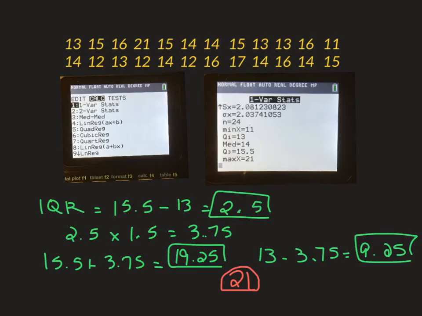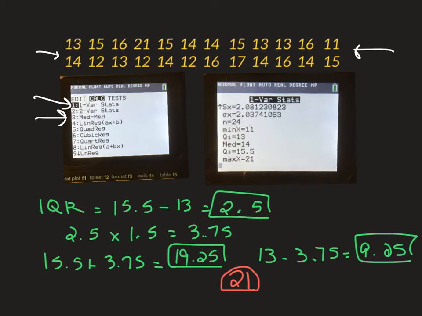All right, I have a big set of data here. I typed all those numbers into my L1 list on my calculator. After I got them all typed into L1, I go to stat calc and choose 1-Var Stats, because it's just one set of data.